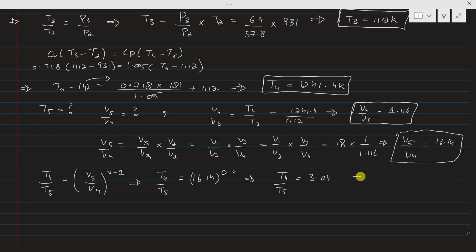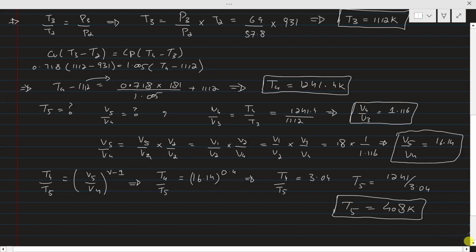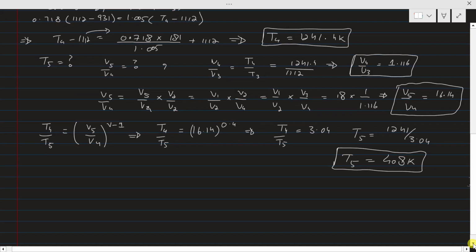To find the T5 value, just divide the T4 value, 1251, by 3.04, and you will get the T5 value, that is 408 Kelvin. Now all the temperatures at each point have been determined.